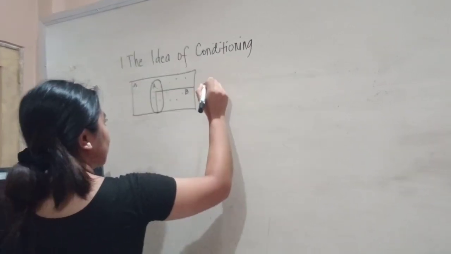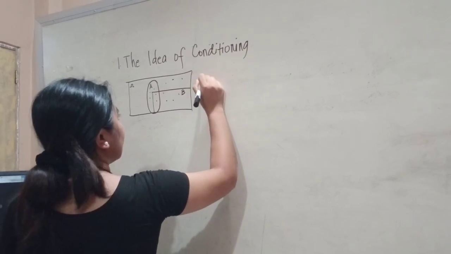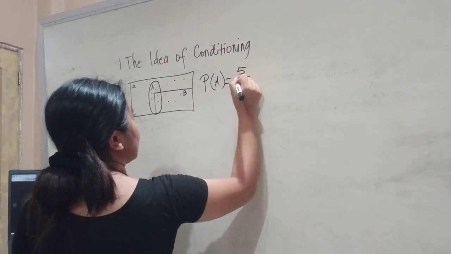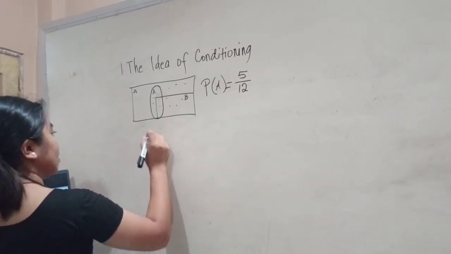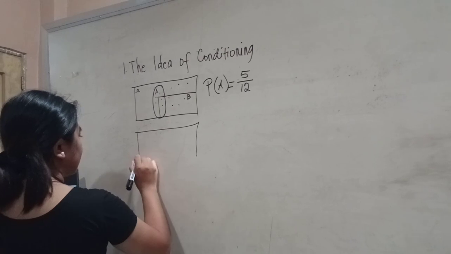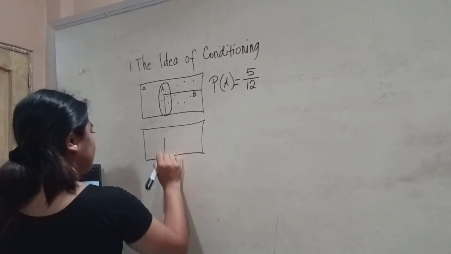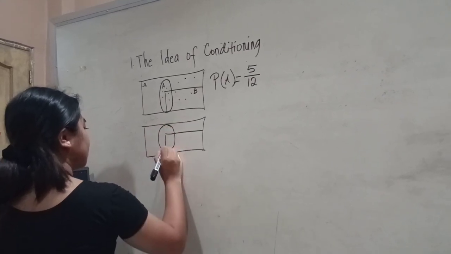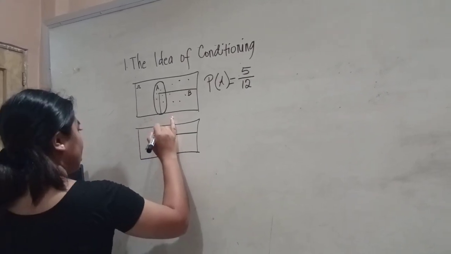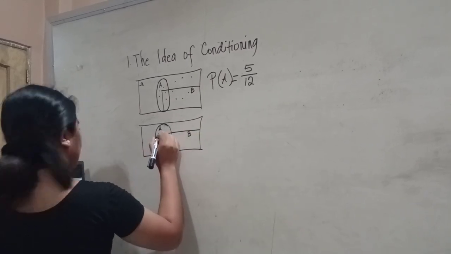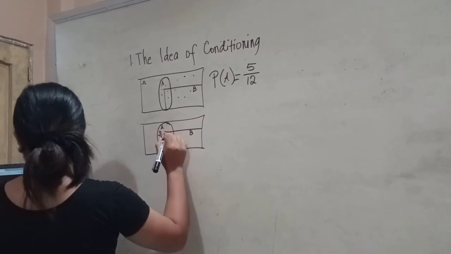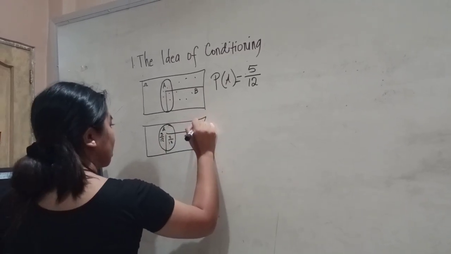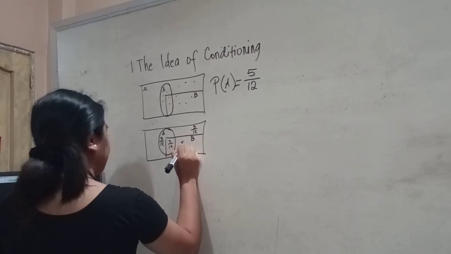So let's do the formula. The probability of A is equal to 5 over 12. Then let's draw another box. A and B: 3 over 12 and then 2 over 12, then 3 over 12 and 4 over 12.